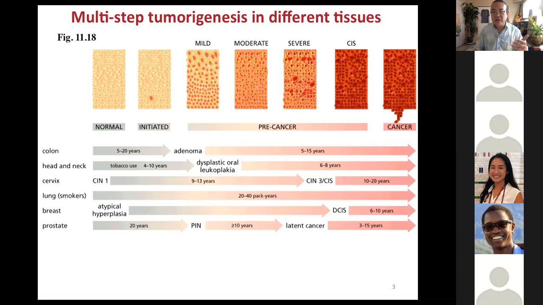If they finally find a way to break free of the basement membrane and infiltrate or invade the stroma beneath, then that's how we define this as no longer a benign tumor, but becoming cancerous.